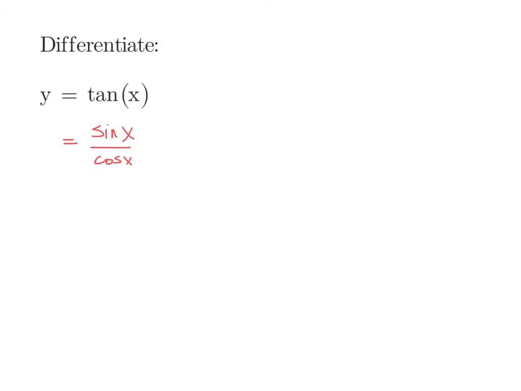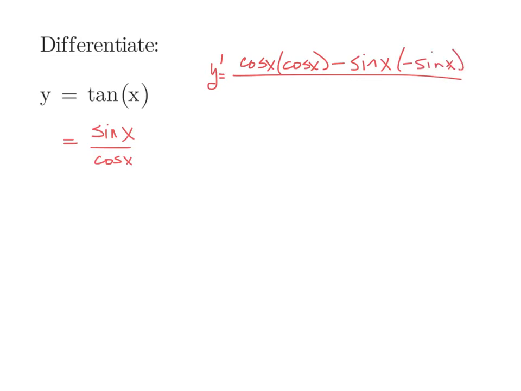So when we want to find the derivative of that, we just use our quotient rule. Low d high minus high d low over the square of what's below. So my low is cosine. Derivative of the high, derivative of sine, is cosine. Low d high minus high d low. So minus sine over the derivative of cosine, which is negative sine, over the square of what's below.